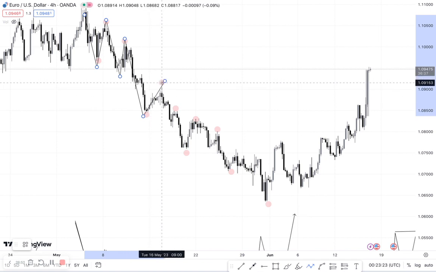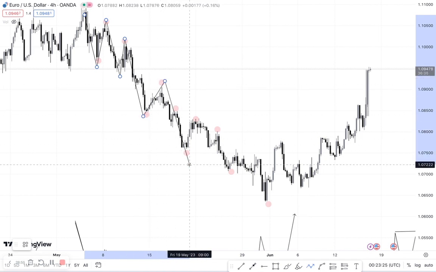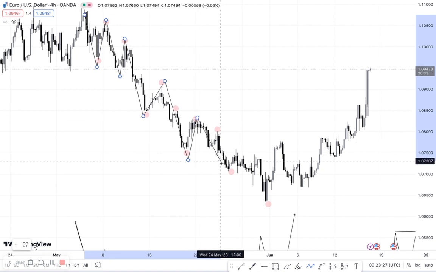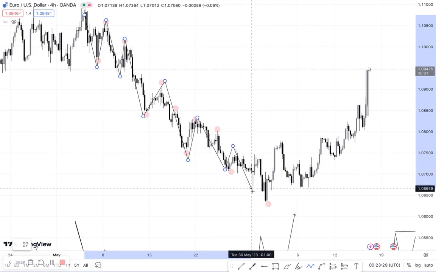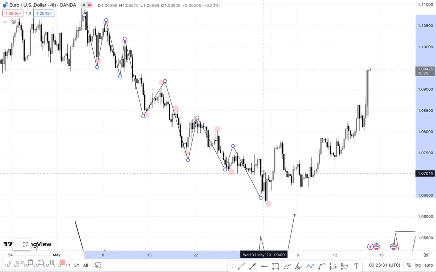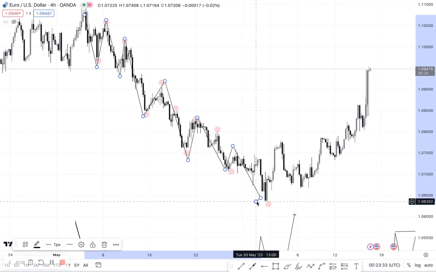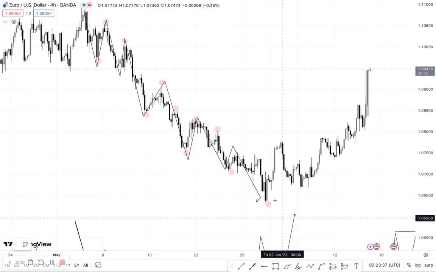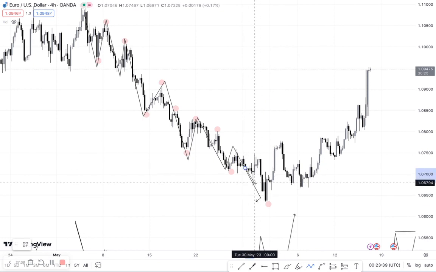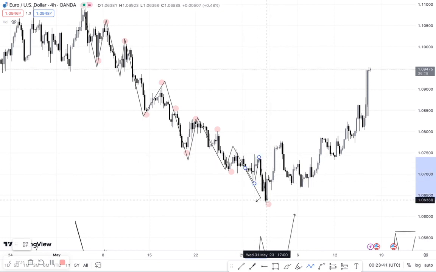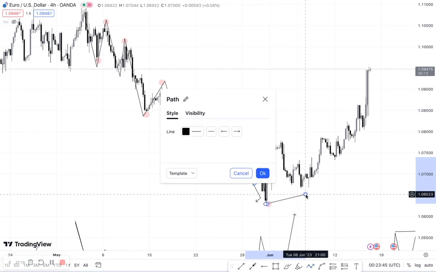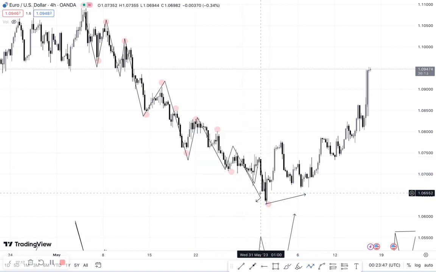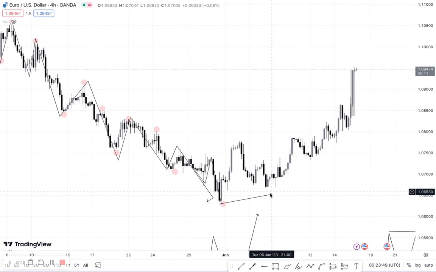That is lower high, lower low, lower low, lower high, lower low, lower high, lower low. Sorry, there was kind of a pullback somewhere here. So we're having a big pullback somewhere here, before price moves down.